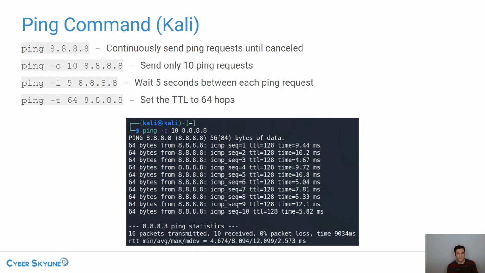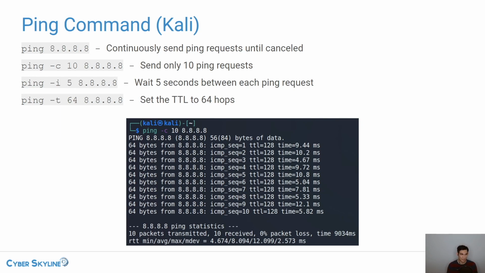I specifically wrote in here that this is the ping command for Kali. The behavior of the ping command differs depending on your operating system. And so if you run this ping command on Windows, I believe Windows defaults to only sending 4 ping requests before it stops. On Kali, it will send an infinite number of ping requests until you tell it to stop sending ping requests.